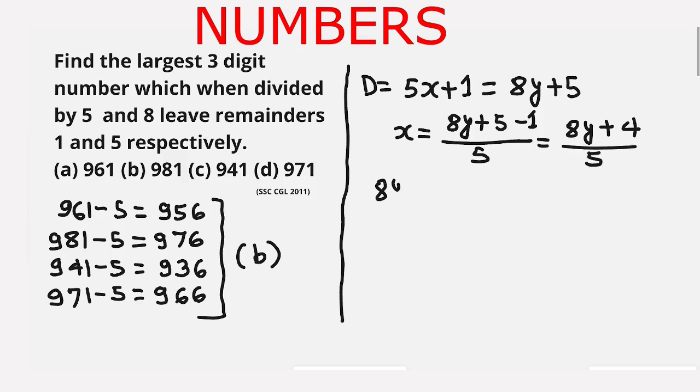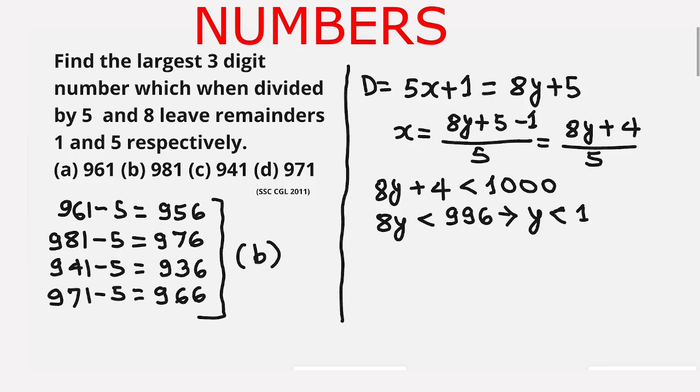This gives 8y plus 4 must be a multiple of 5, and this should be less than 1000, as the number is the largest 3-digit number, so 8y is less than 996, therefore y must be less than 124. From here we conclude that the ones place digit of y must be 2 or 7.